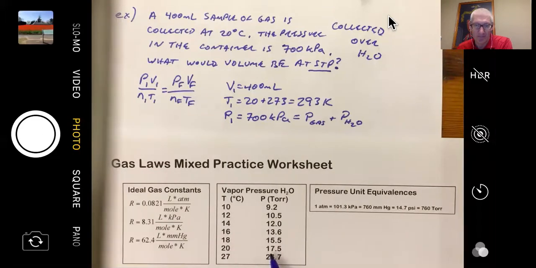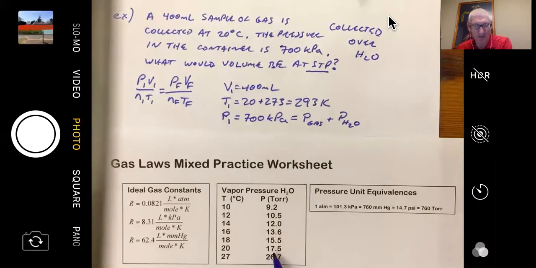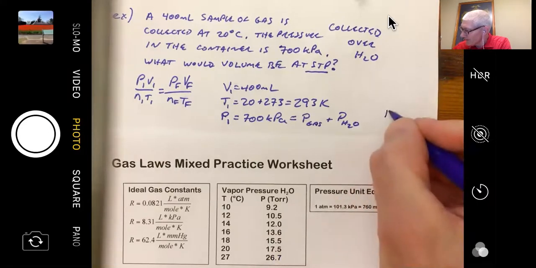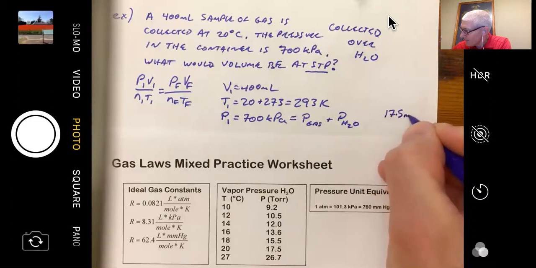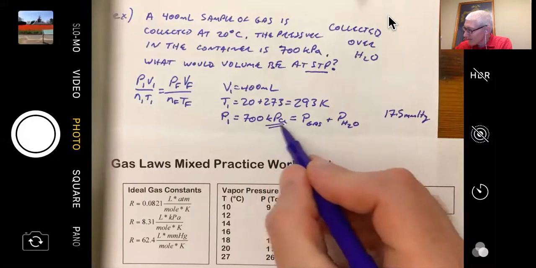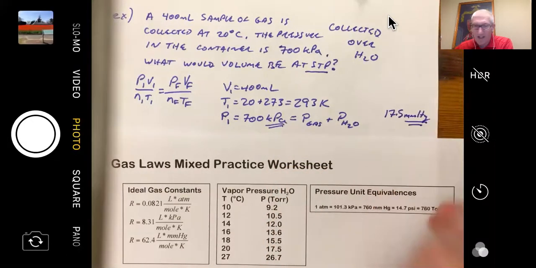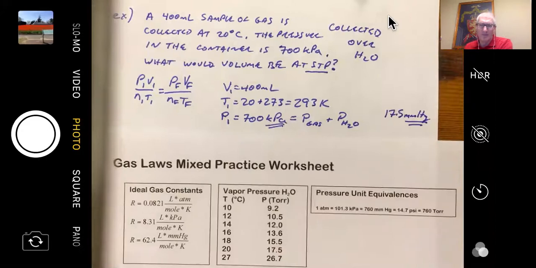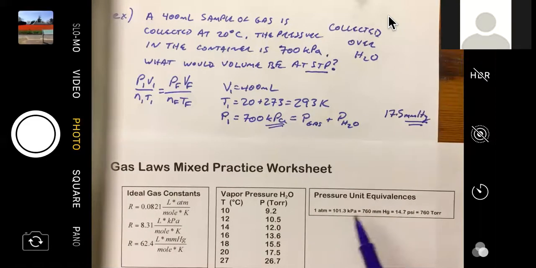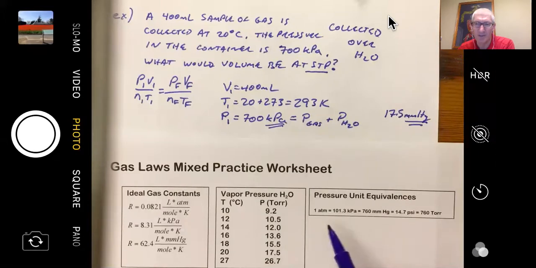Now, you know what? I made a boo-boo. This number right here is 17.5 millimeters of mercury. This is in kilopascals. Lauren, do I have a unit issue here? Yeah. But here's the nice thing. I can actually convert between these units because I know that this number of millimeters of mercury is equal to this number of kilopascals.